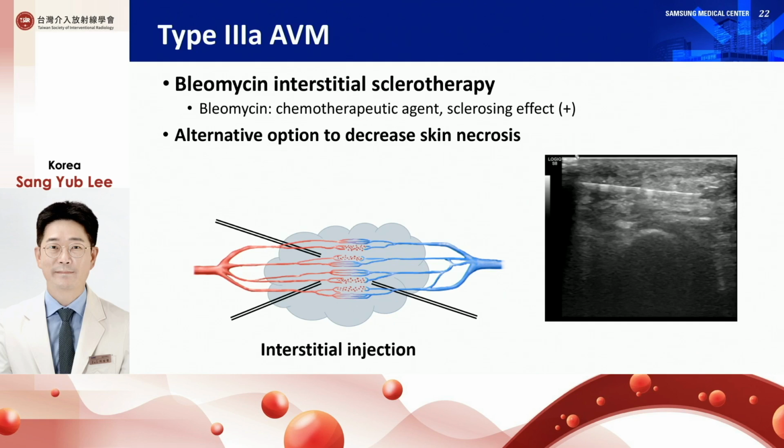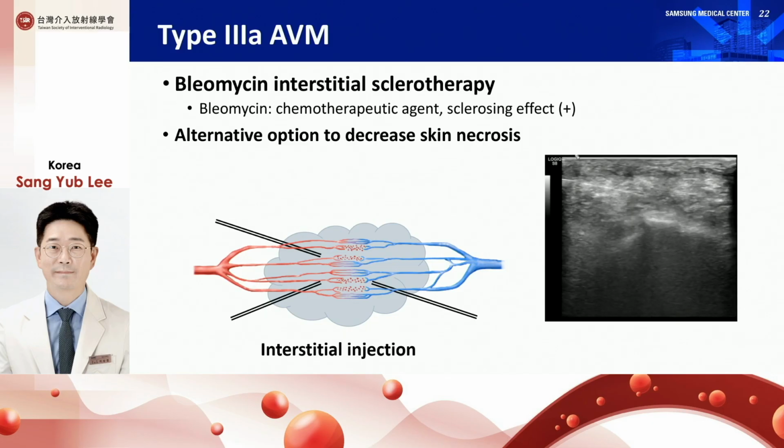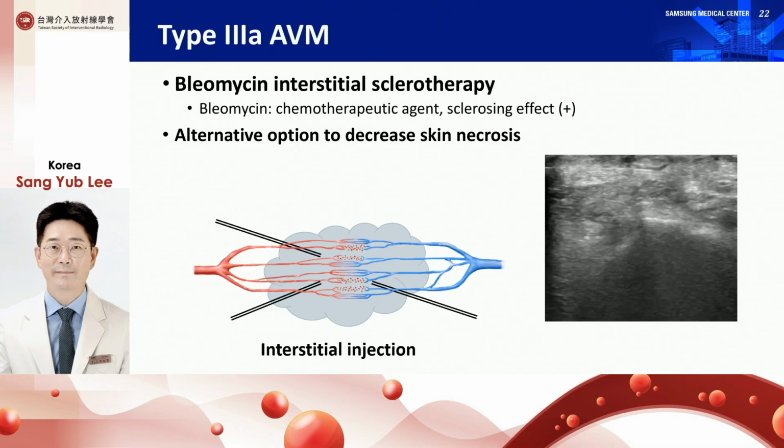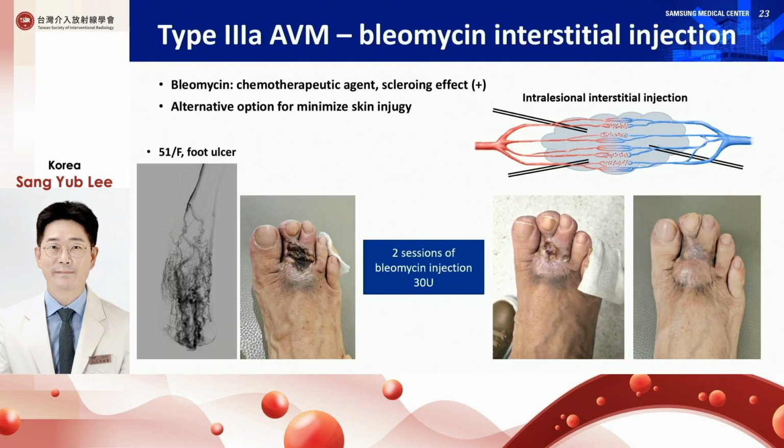To avoid skin complication, for small type 3A AVM, we are now trying to use bleomycin for interstitial injection sclerotherapy, injecting the chemotherapeutic agent around the type 3A AVM. This patient has a foot AVM with an uncontrolled ulcer. After 2 sessions of the bleomycin interstitial injection, the lesion markedly improved.